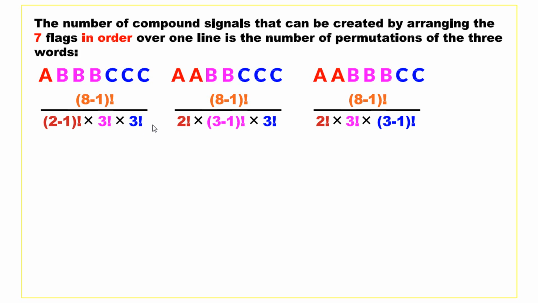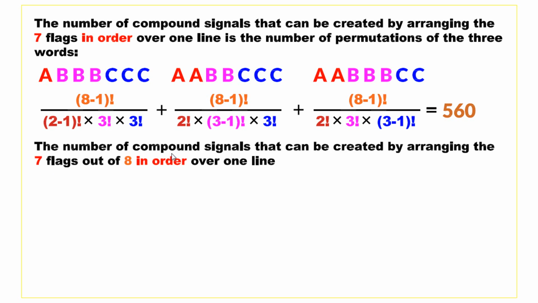Now we add them together and we get 560 signals again. And this is the number of compound signals that can be created by arranging the 7 flags out of 8 in order.